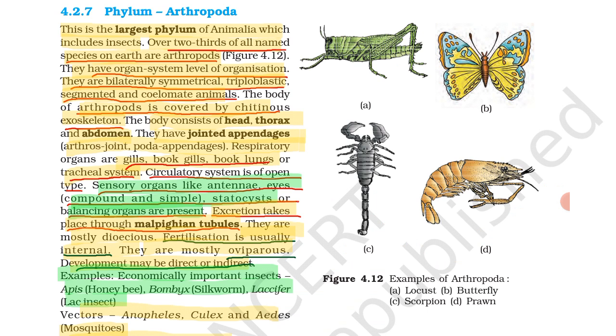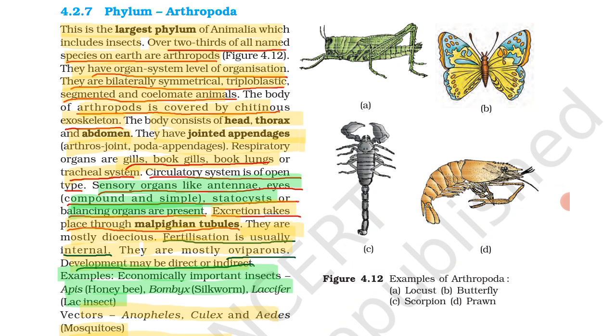Then sensory organs like antennae, eyes, compound and simple, and statocysts or balancing organs are present. We know about antennae. See the examples of Arthropoda in figure 4.12. See the first, that is locust.